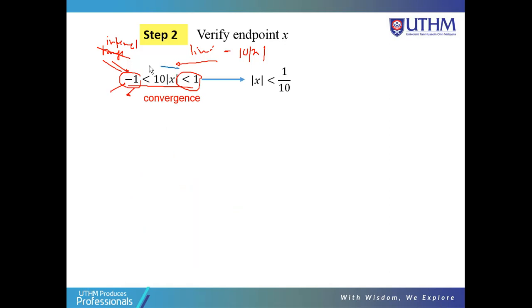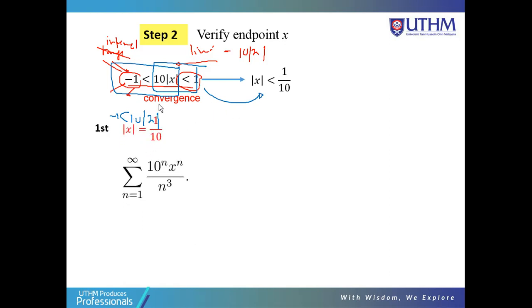Then here you take -1 less than 10x. So you can get x less than 1 over 10, and the second one is x more than -1 over 10.